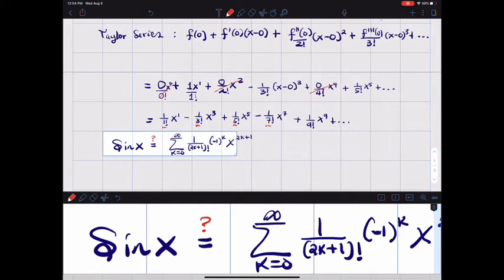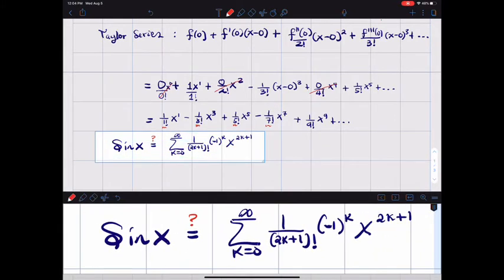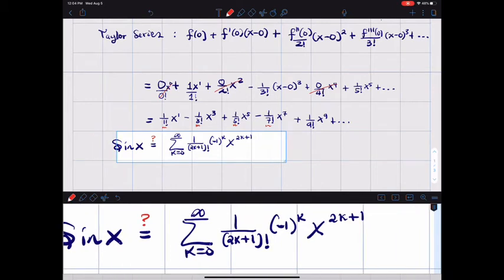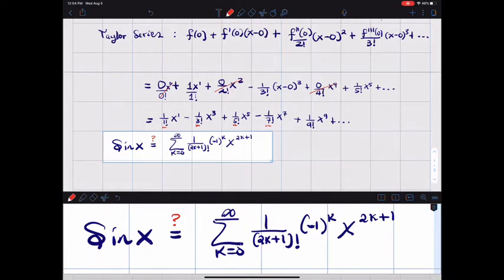So in general, I'm going to say that yes, we can express sine x as a series. For sine x to be equal to this series, we have to make sure that the series converges for all the values in the domain of sine x.